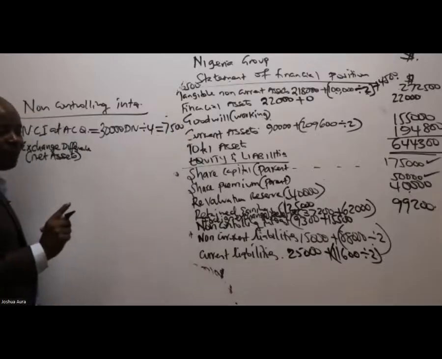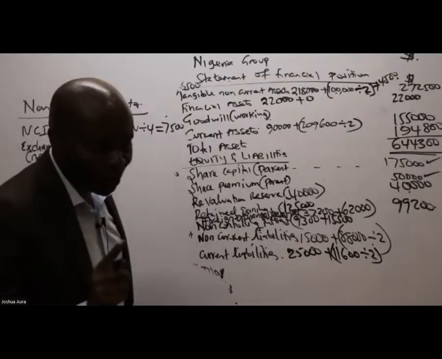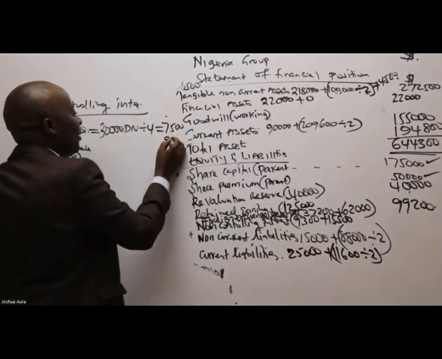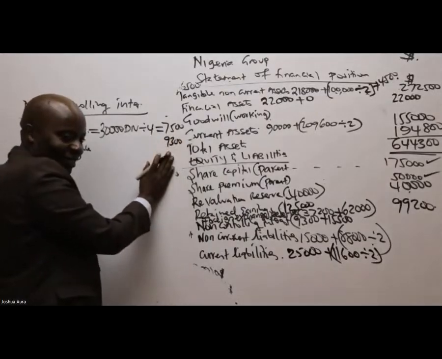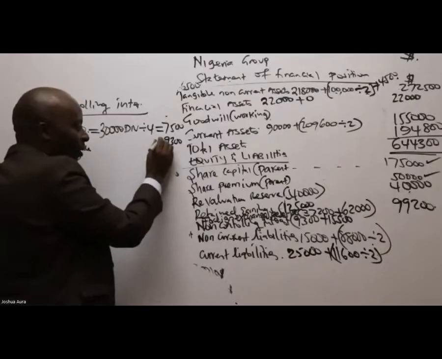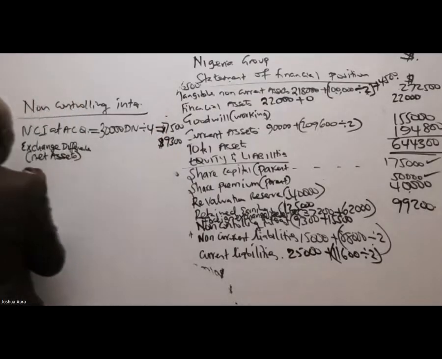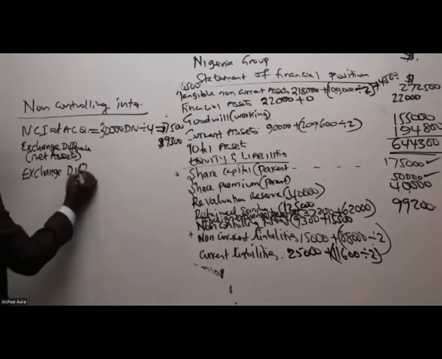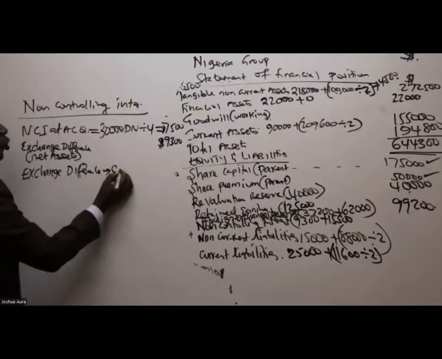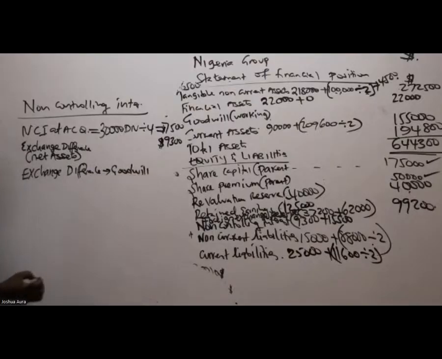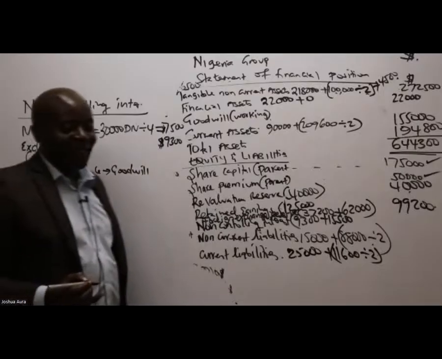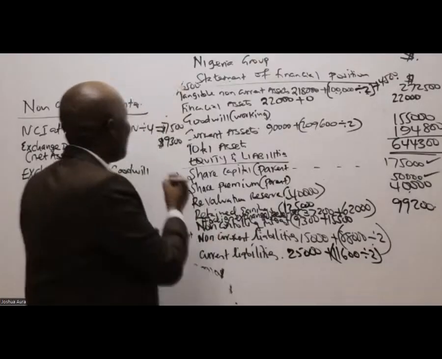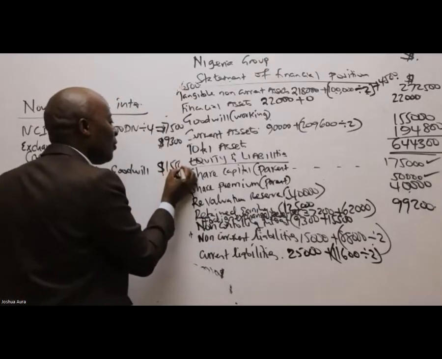We gave them 9,300, and remember this 9,300 is already translated, these are dollars now. We also gave them something from the exchange difference on goodwill, 15,500, and this is already translated.